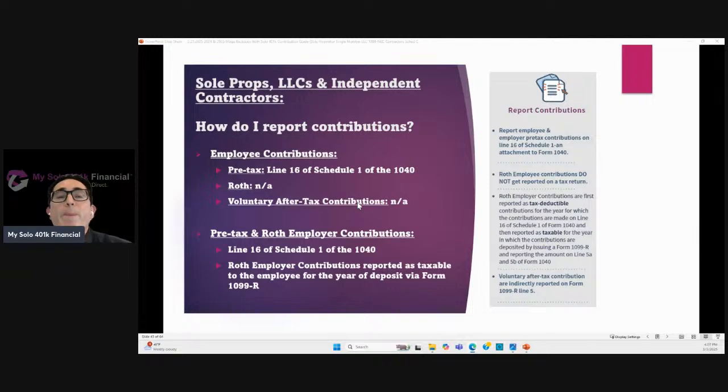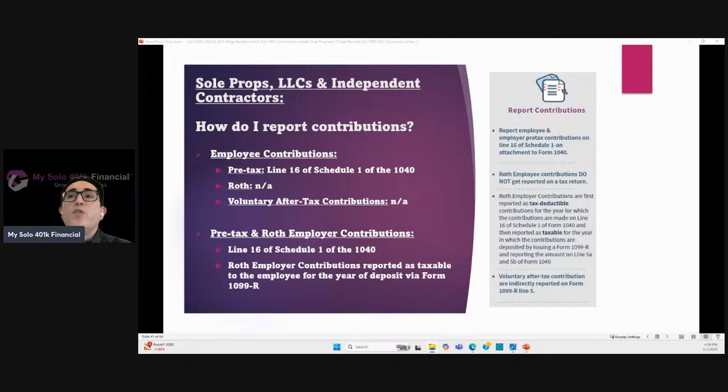So as mentioned, we want to discuss how to report solo 401k contributions on your tax return. And this is geared specifically towards those solopreneurs whose business is taxed as a sole proprietorship. That means that you're reporting income on Schedule C of your 1040.